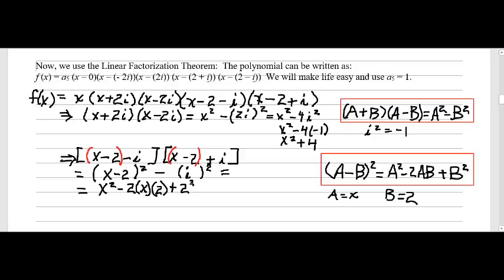So this is the square of x, minus 2ab, 2 times x times 2, plus b squared, which is 2 squared. And then I remember that the square of i is negative 1, the imaginary unit i. So this becomes x squared minus 4x plus 4 minus a negative 1, which is the same as plus 1. So this is x squared minus 4x plus 5.